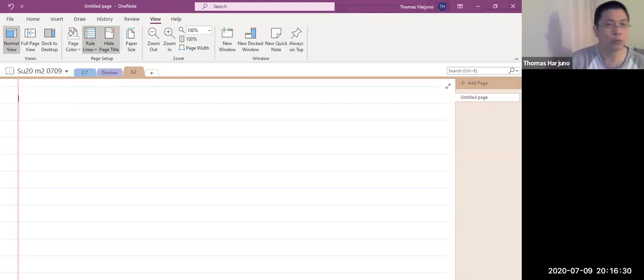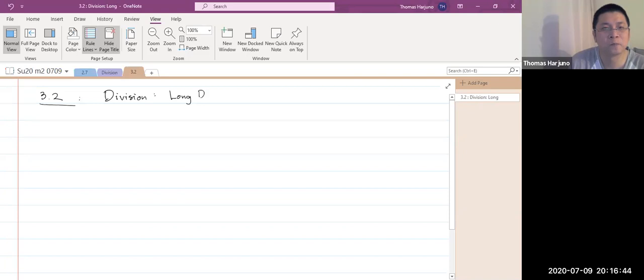Now in 3.2, we first learn division, which we did earlier: long division and synthetic division. Like I said earlier, synthetic division is something you should be very good at by tomorrow.